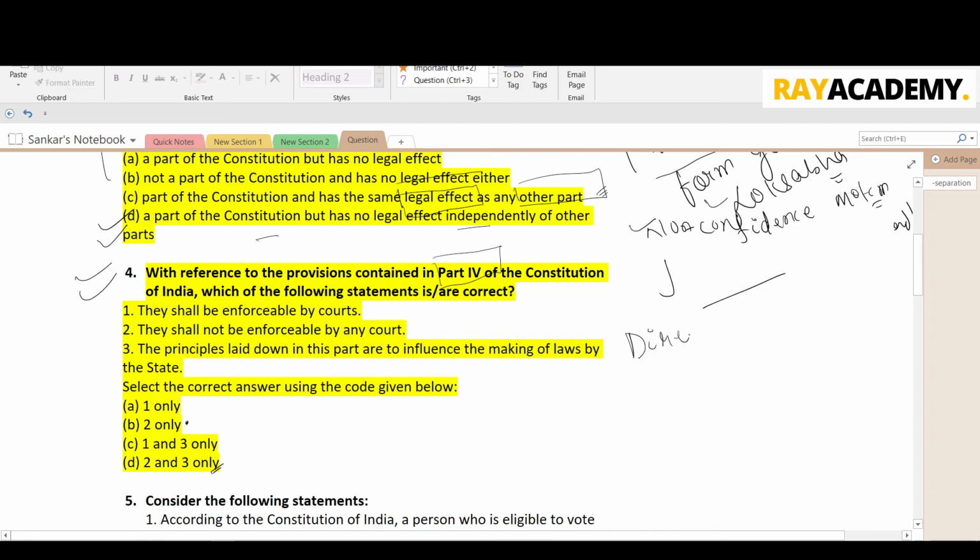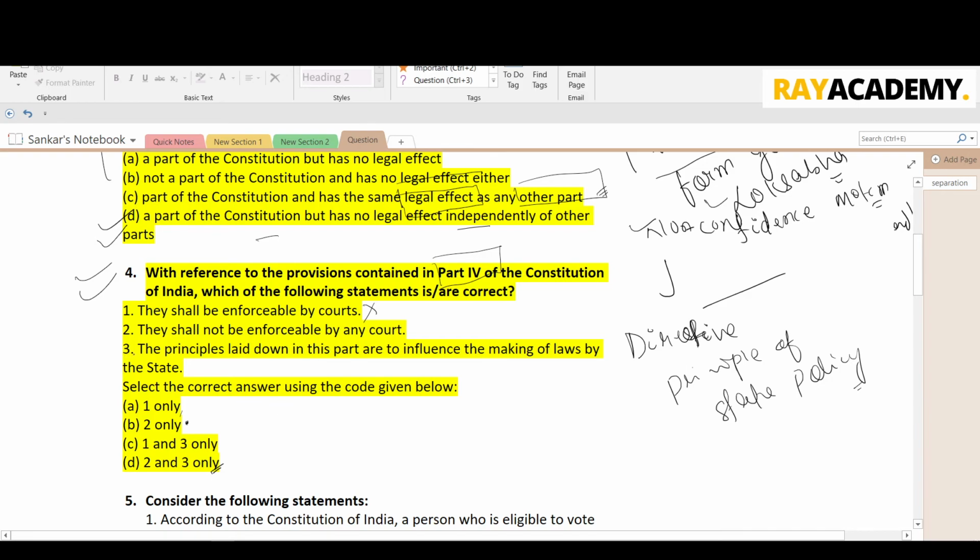Directive Principles of State Policy. Okay. Read the statements. They shall be enforceable. Are they enforceable? No, they are not enforceable. They are just a guiding principle to the government.